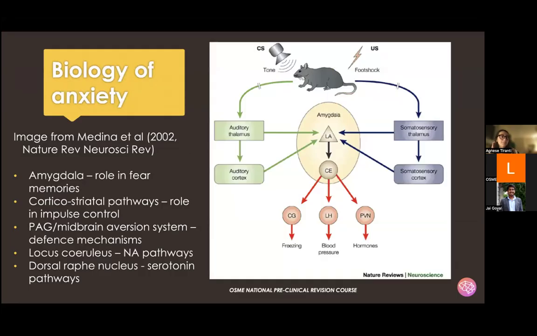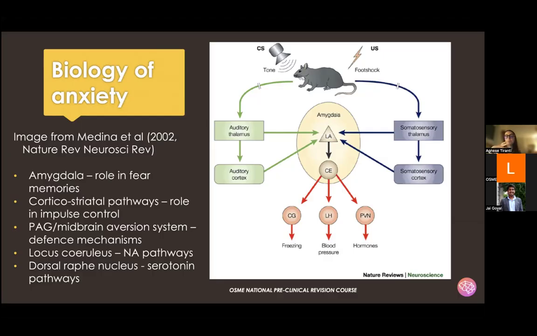So the biology, I would recommend this review by Medina. Very good. It's thought to reside in a variety of different places in the brain. A key one is the amygdala. This is thought to play a role in remembering fears because the amygdala is very important in memory.